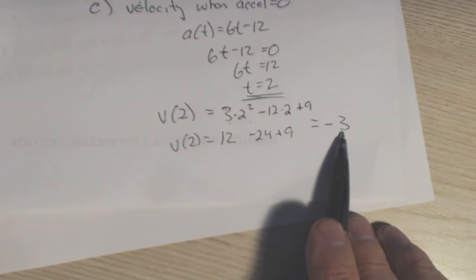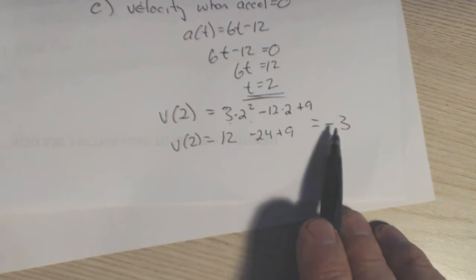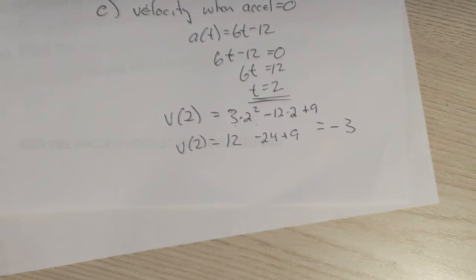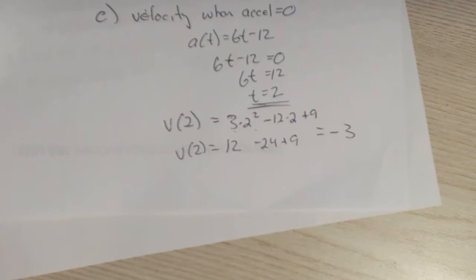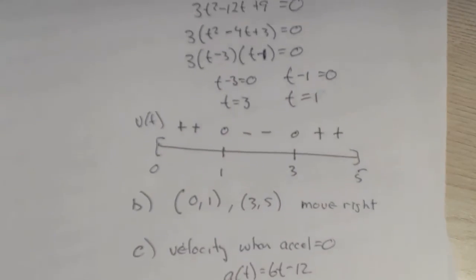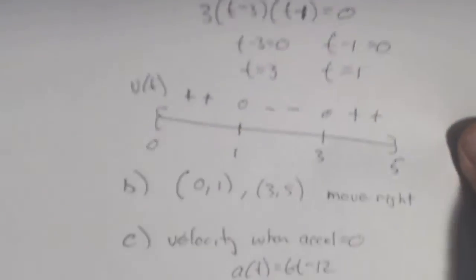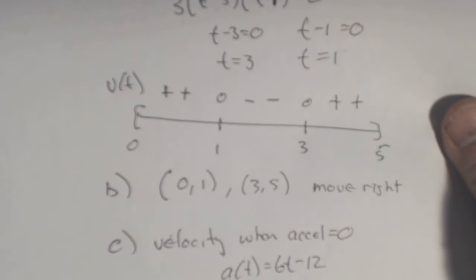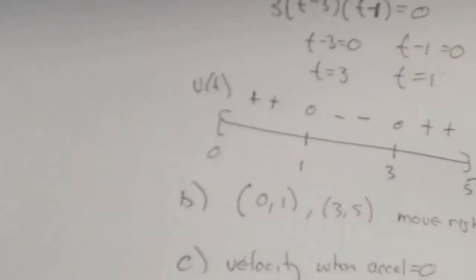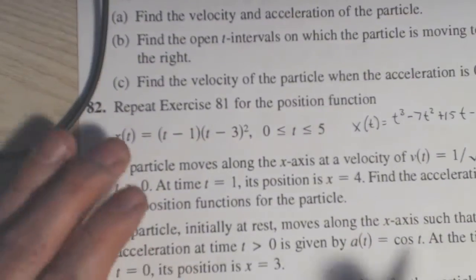But it's moving at a velocity speed of 3 in a negative direction, so it's moving left. Okay, so that's all of 81, and hopefully you can follow all that. 82, 3, and 4 are more problems like that. So just a brief heads up on those guys.